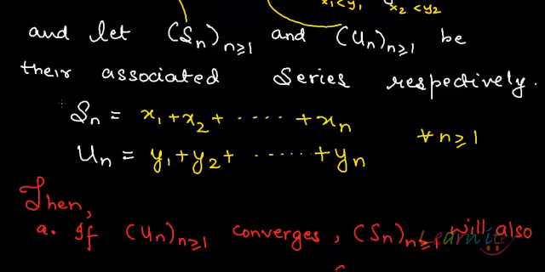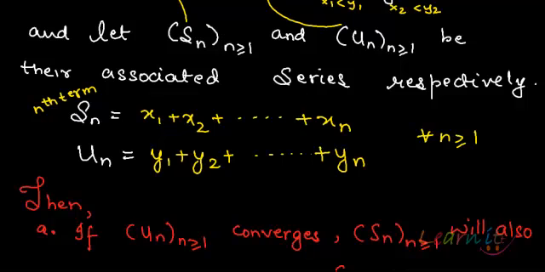Sn will be the nth term of the series associated with xn, so it will be x1 plus x2 and so on till xn. Un will be the nth term of the series y1 plus y2 plus so on and so forth till yn.